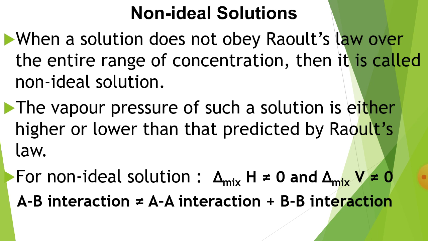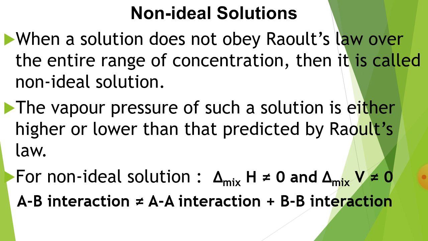According to Raoult's law, P total should be equal to P1 plus P2, where partial pressure P1 equals P01 x1 and P2 equals P02 x2. But here neither P total is equal to P1 plus P2, nor P1 equal to x1 P01, nor P2 equal to P02 x2.